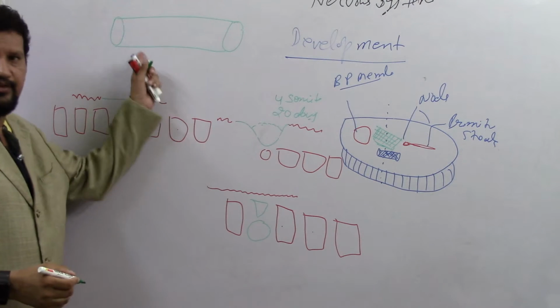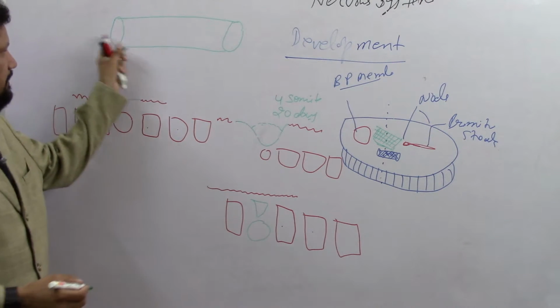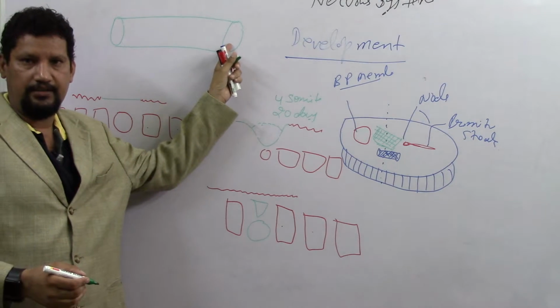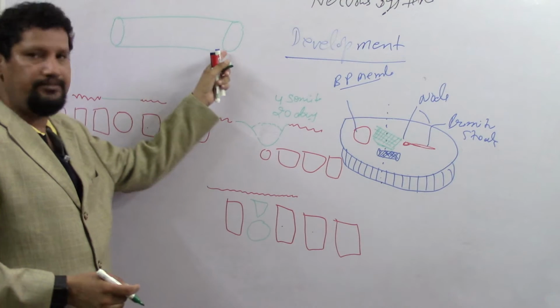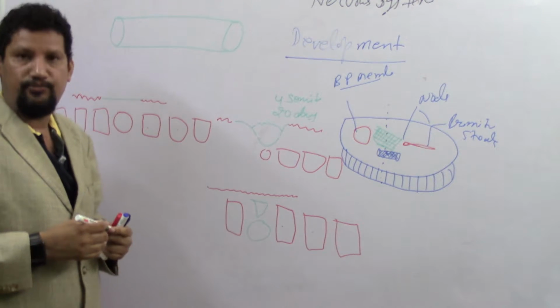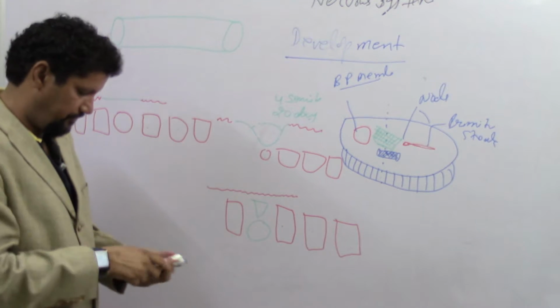This neural tube has an anterior opening and a posterior opening. The anterior opening is known as the anterior neuropore and the posterior opening is known as the posterior neuropore.